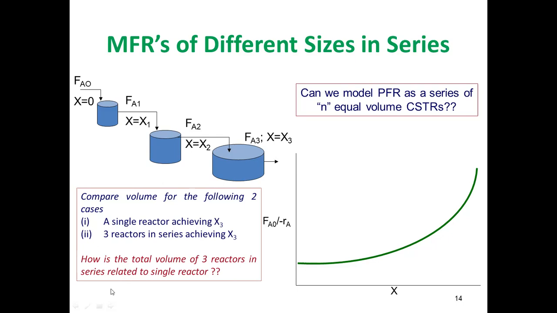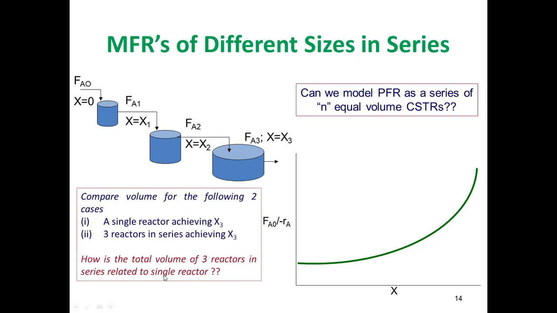Now, I leave that question to you to check. You can start with just two MFRs in series. What do you think would be the volume of the two MFRs in series which are not equal in size in comparison to the volume of just one single reactor?